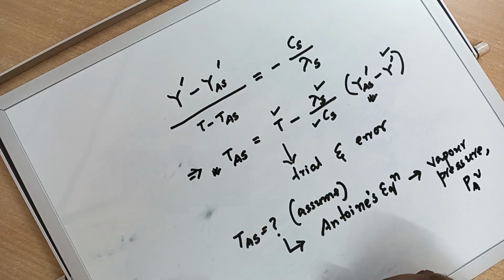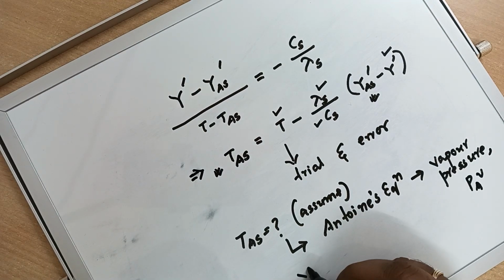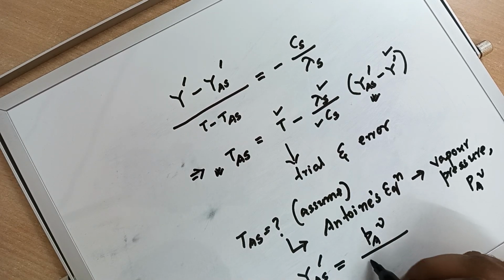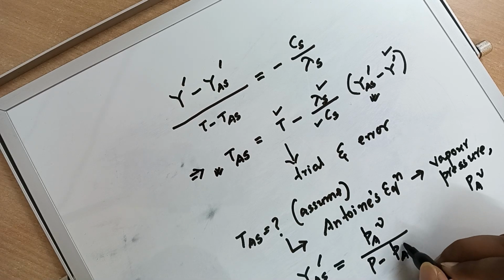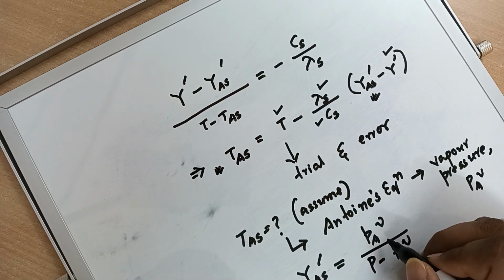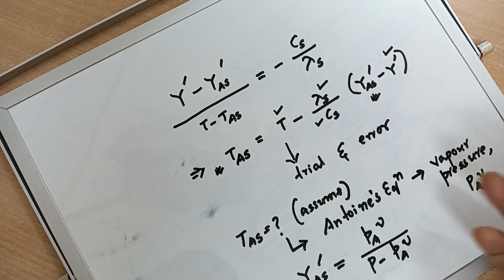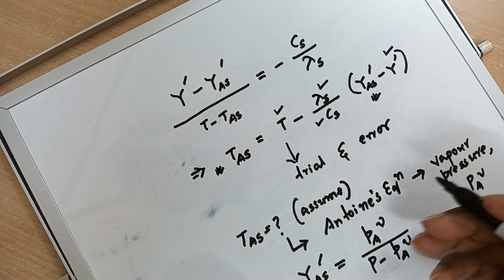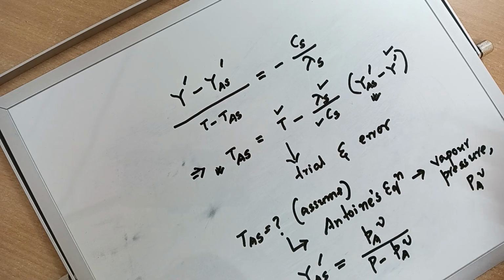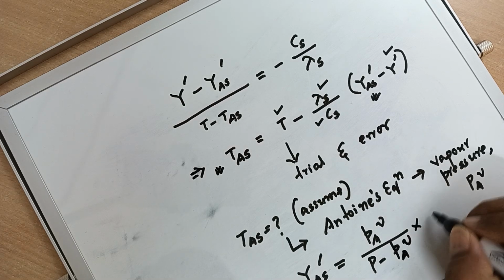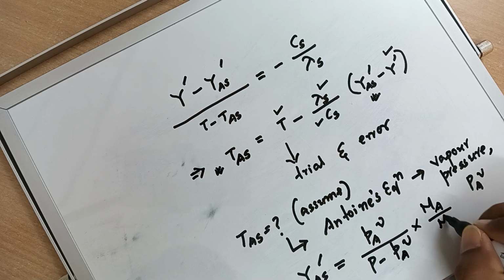Once you find the vapor pressure, you can use the standard relationship: saturation humidity is the ratio of vapor pressure of A divided by total pressure minus vapor pressure of A, where A stands for the component water and B is air, for a normal water vapor air system. If it is, say, a benzene in air system, then A will be the component which is vaporizing, which is benzene, and B is the air, multiplied by molecular weight of A divided by molecular weight of B.